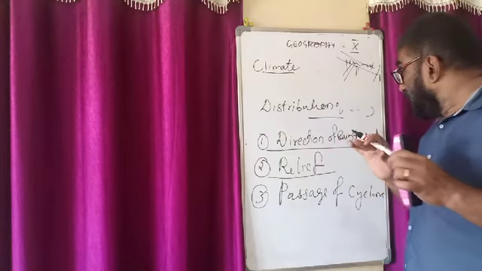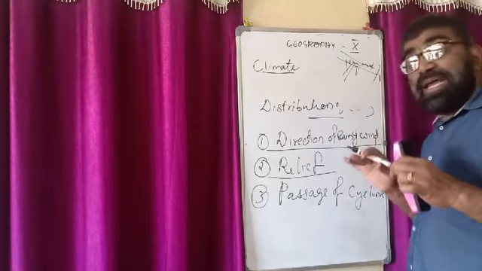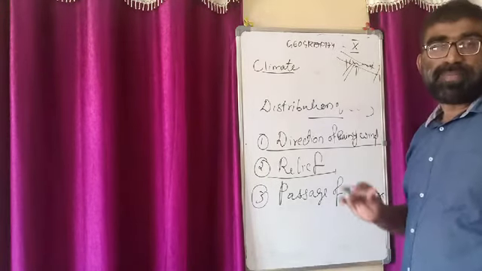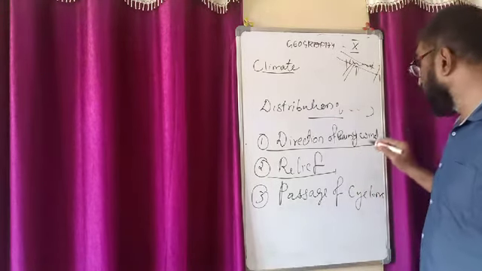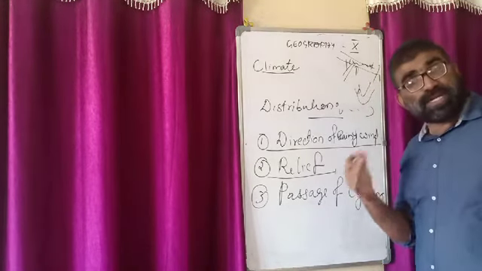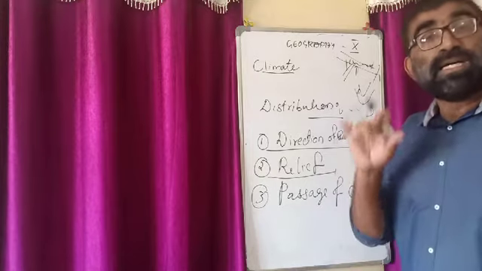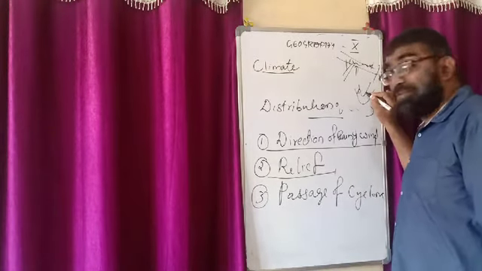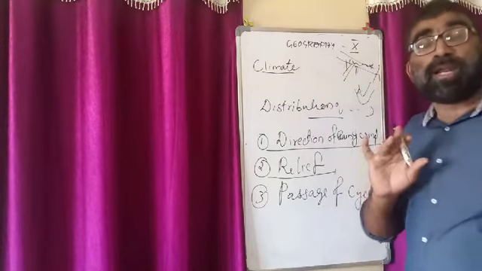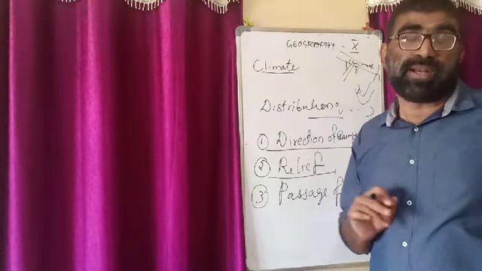So the direction of the relief factors determines the distribution of rainfall. In the southwestern Ghats we have seen the western side, the windward side of the Western Ghats, receive rainfall, and at the same time the leeward side, or the Coromandel coast, remains a rain shadow area, remains dry.